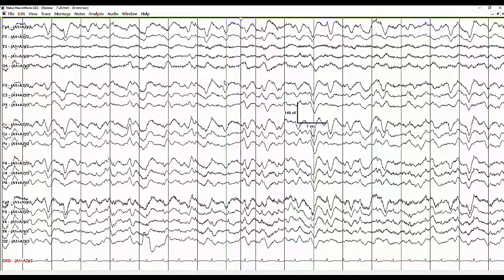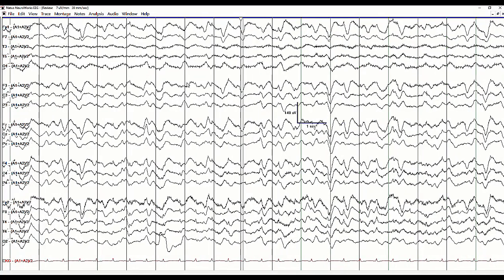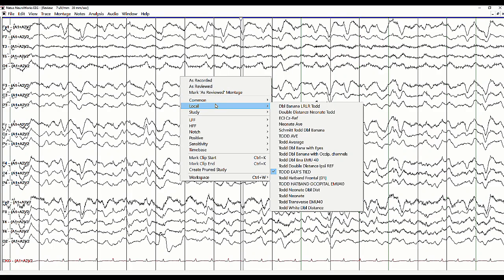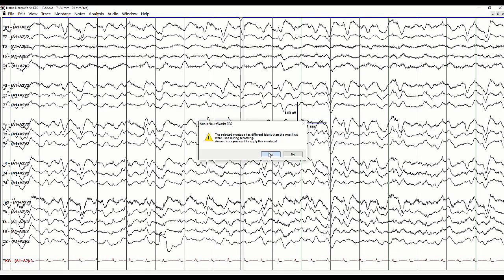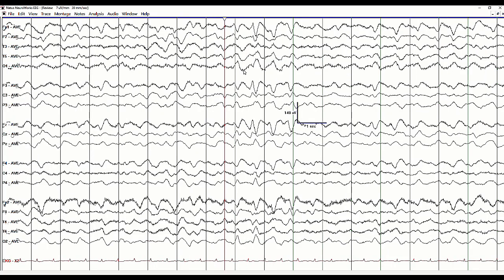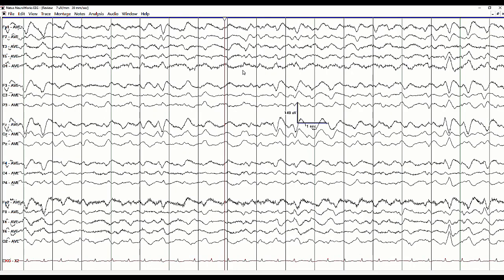Although historically I found this montage very useful for showcasing the morphology of such waves as GPDs with triphasic morphology, let's try an average reference and see if that showcases them better. Not too much. So perhaps if we move along a few pages here, we'll see some better formed GPDs.